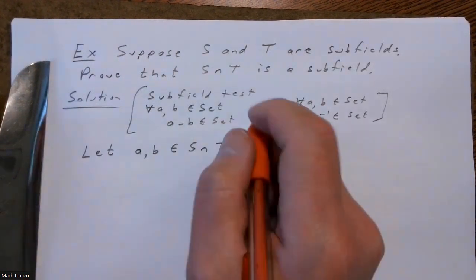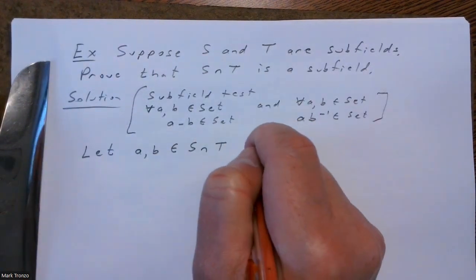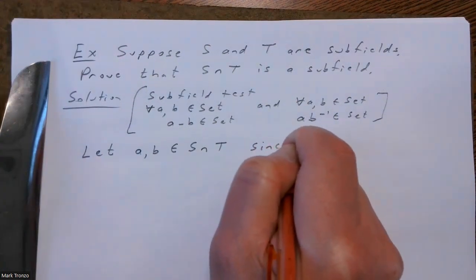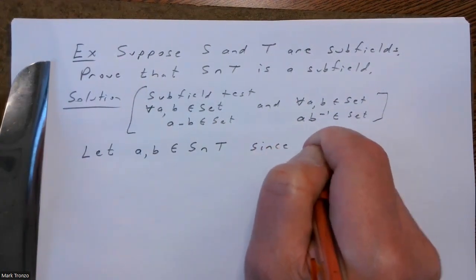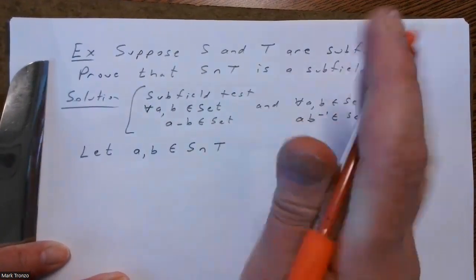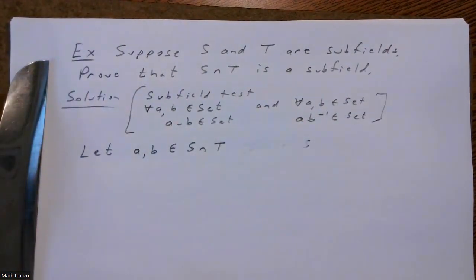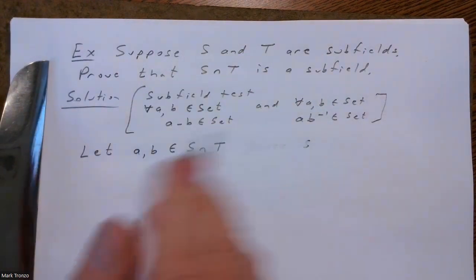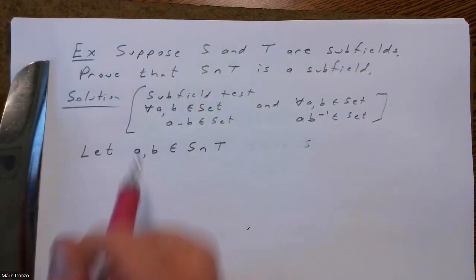Let me go through all the steps just to make it really clear. We want to prove that A minus B is in the intersection.